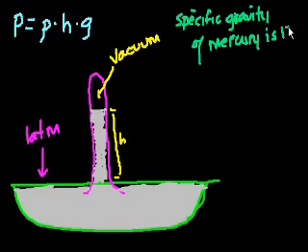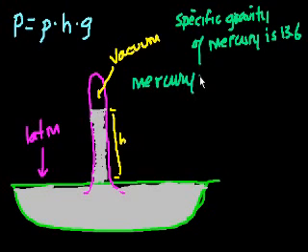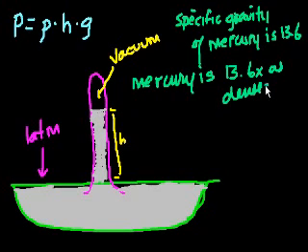That's often a daunting statement on a test when you know how to do all the math and all of a sudden you wonder what is specific gravity. Specific gravity is just the ratio of how dense that substance is to water. So all that means is that mercury is 13.6 times as dense as water.